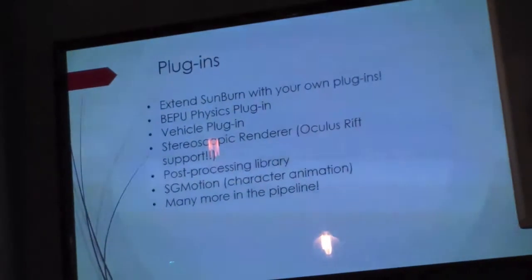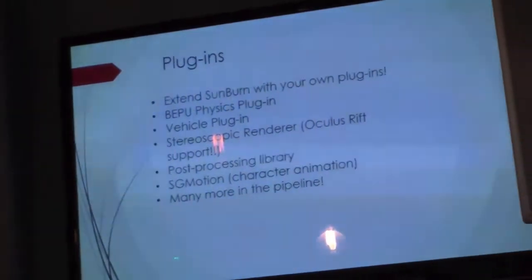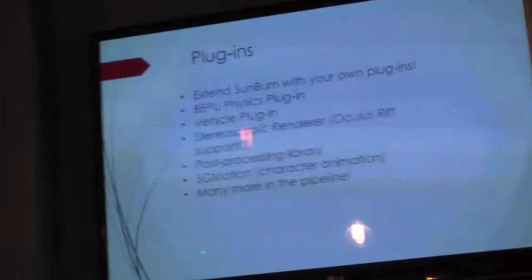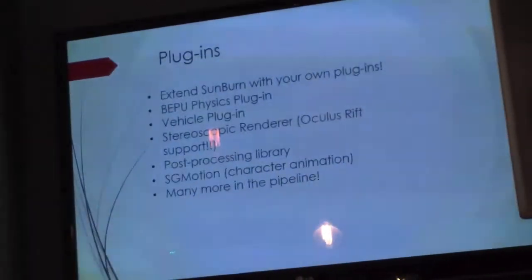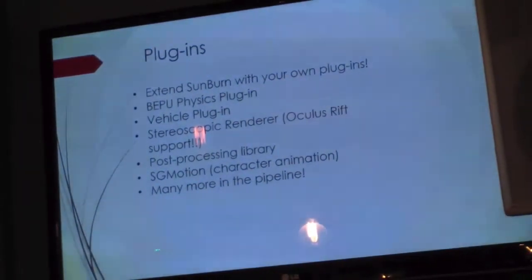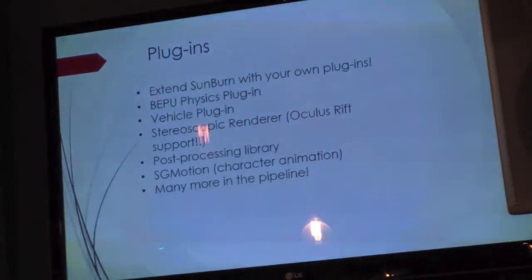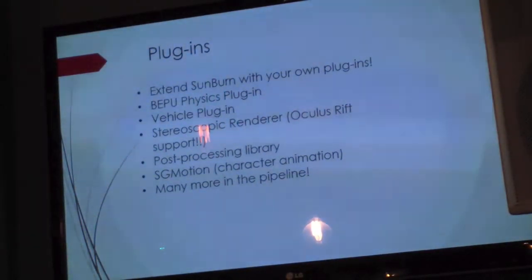The other one I created was the vehicle plugin, which I'll show you both of these in a second actually. Two of the other really notable mentions are ones produced by other SunBurn users. One is the stereoscopic rendering, which is really cool. If you want 3D support in your game, you've got it. Just download the plugin.